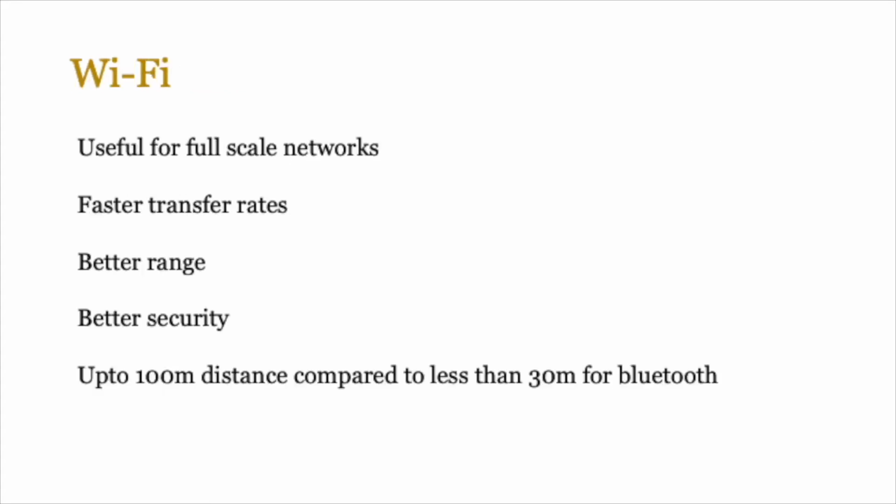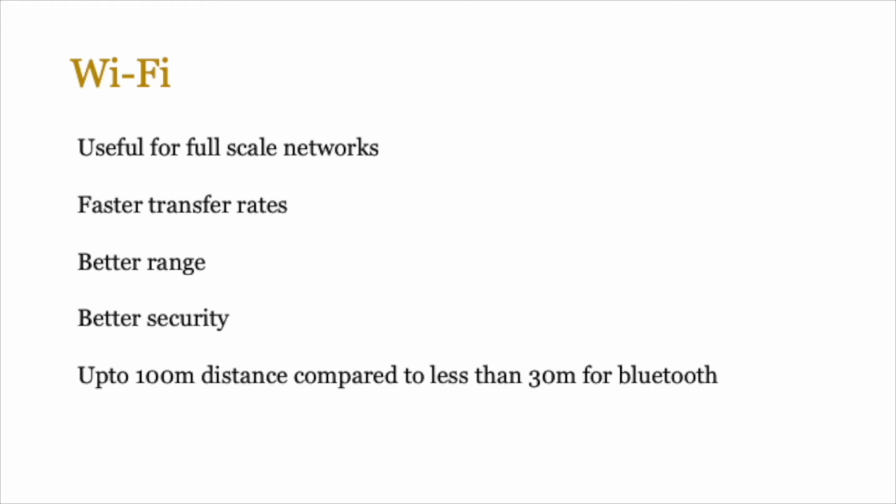Now, Wi-Fi also uses the same type of technology, but it's normally useful for full-scale networks because it offers faster transfer rates. It has better range, it has better security, and up to 100 meter distance compared to the less than 30 meters for Bluetooth. Normally Bluetooth operates in the 10 meter range, but you can probably get modern devices that can go up to 30 meters.